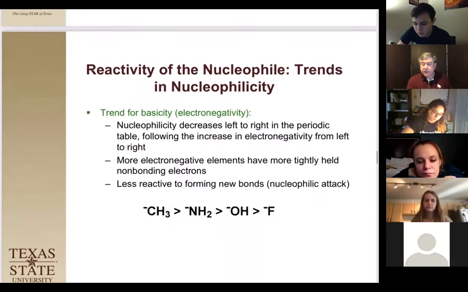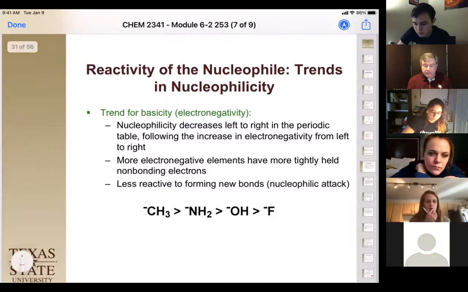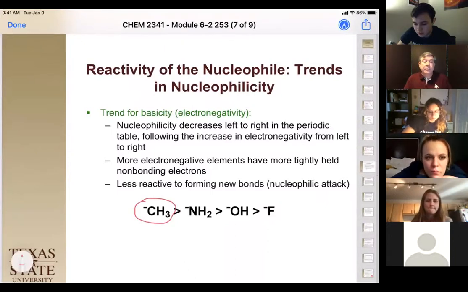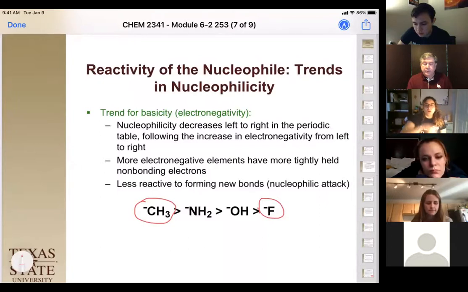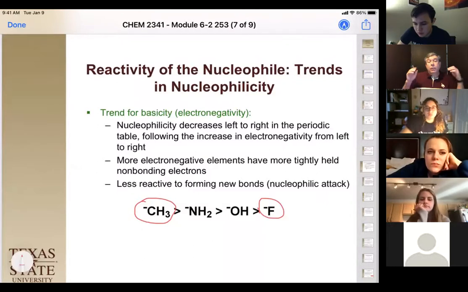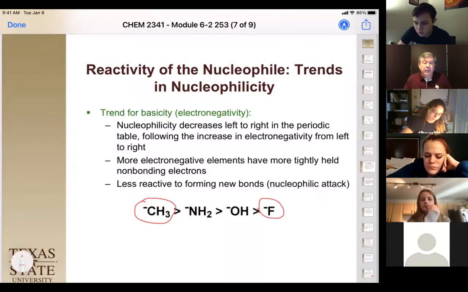Our carbon is around a 2, our fluorine is around a 4, and oxygen and nitrogen are in the middle, and it trends exactly with nucleophilicity. The weaker the electronegativity, the stronger the nucleophilicity.